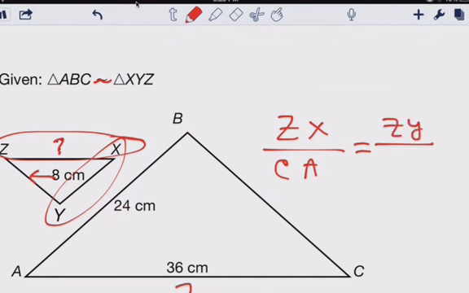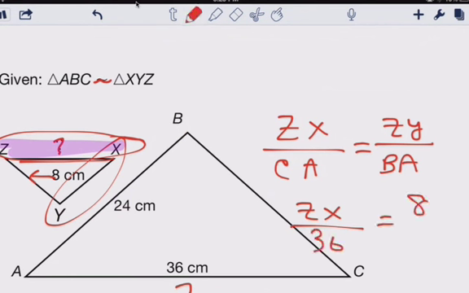ZY, and that one is BA. Okay? So ZX is unknown, so it stays ZX. We don't know. Okay? And then over CA, CA is, we know as 36, equals to 8 for this one, and BA is over 24.